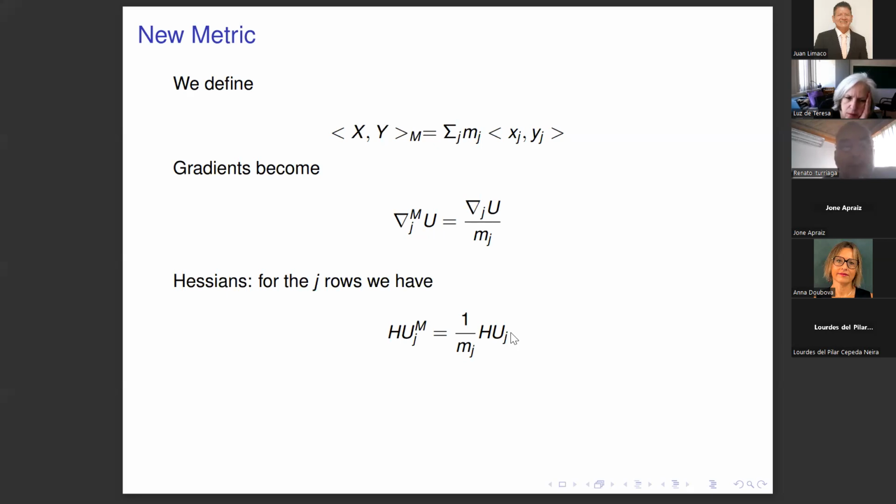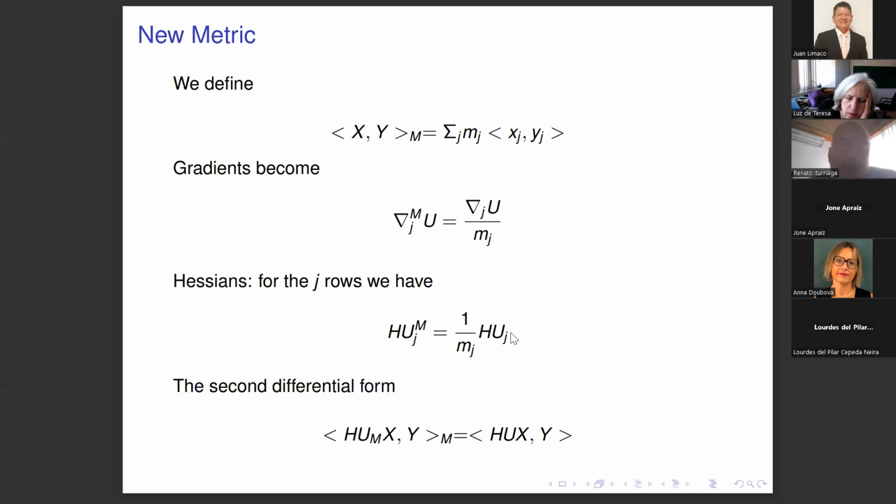Okay, so this is a new metric. What is important is that the second differential form, which really depends on the metric also, is in this case the same. The differential form is given by this formula.